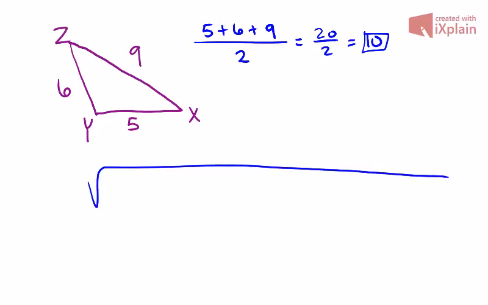Okay, so first thing we do, we put 10 right here. And then it's basically 10 minus every side in parentheses. So I can do 10 minus 9, 10 minus 5, and 10 minus 6.